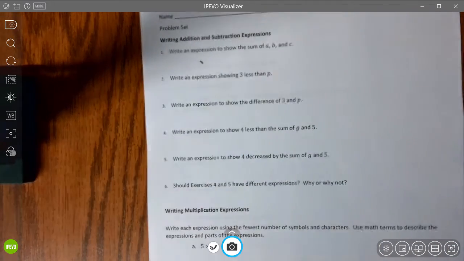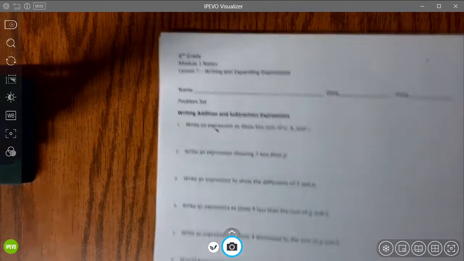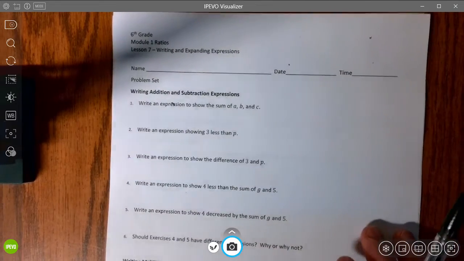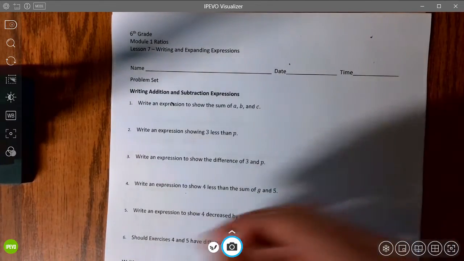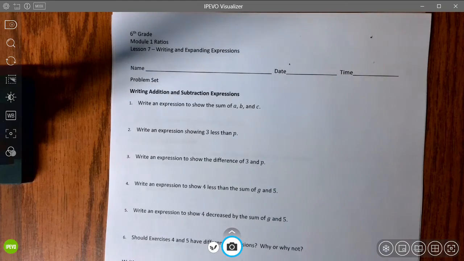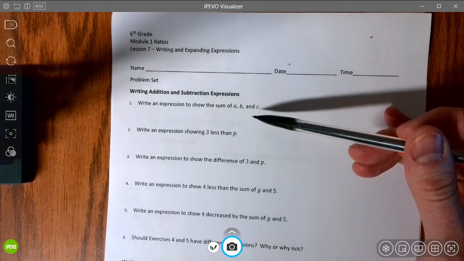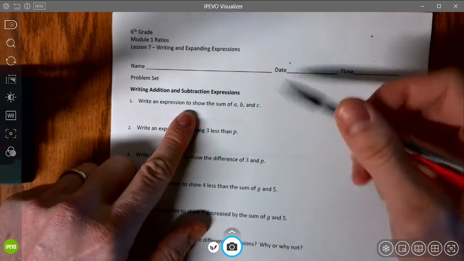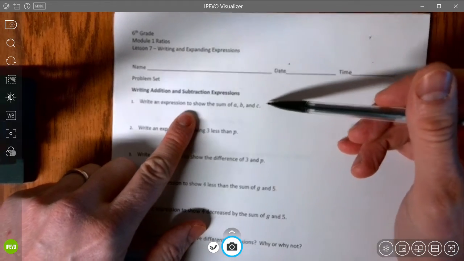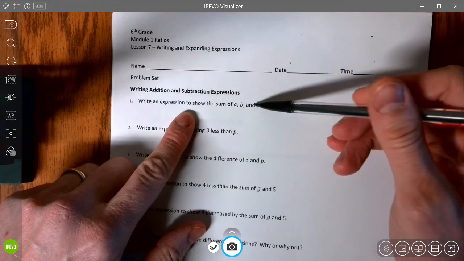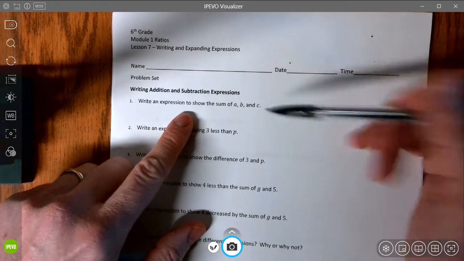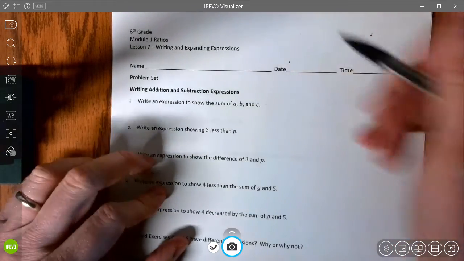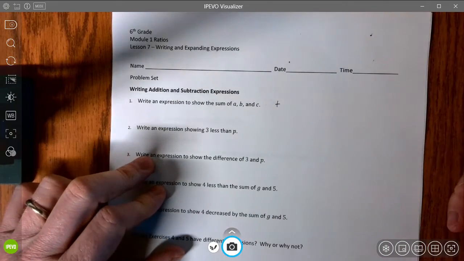All right, here's the problem set for this lesson. I'm going to do a couple on here. So, number 1, write an expression to show the sum of A, B, and C. Well, sum, that means addition.